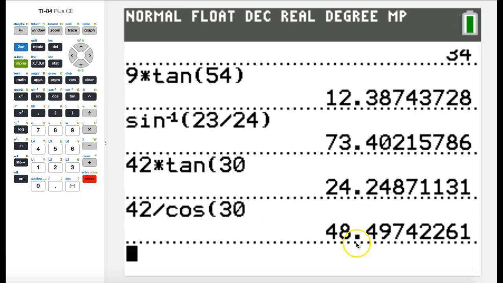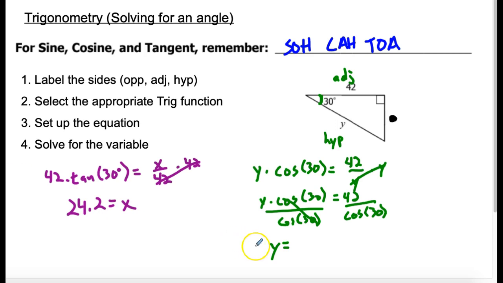And we get 48 point something. If we round this to the nearest tenth, this would round to 48.5. All right, so my hypotenuse would be 48.5.